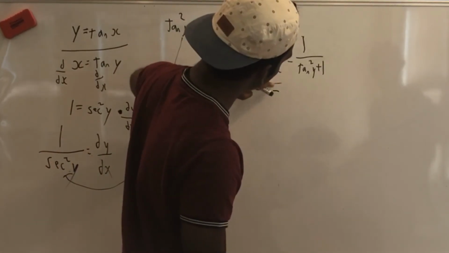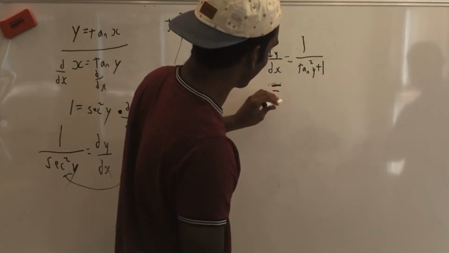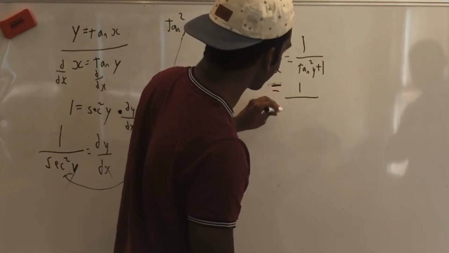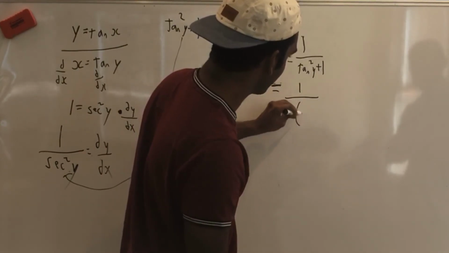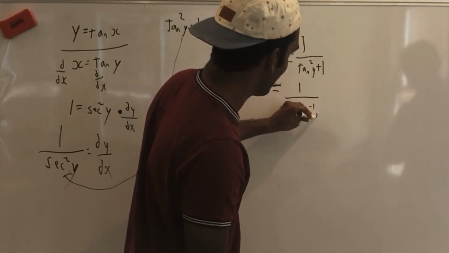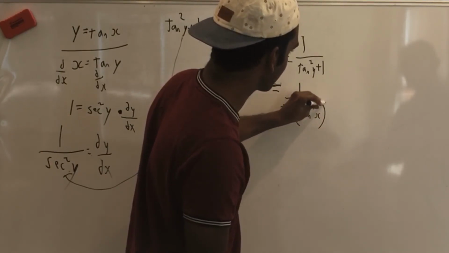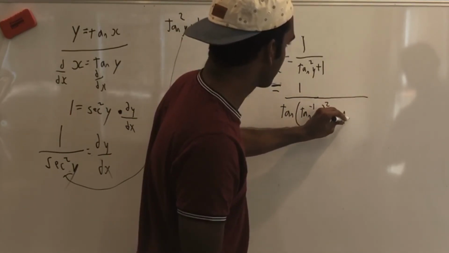1 over tangent of inverse tangent of x, and that whole thing squared, plus 1.